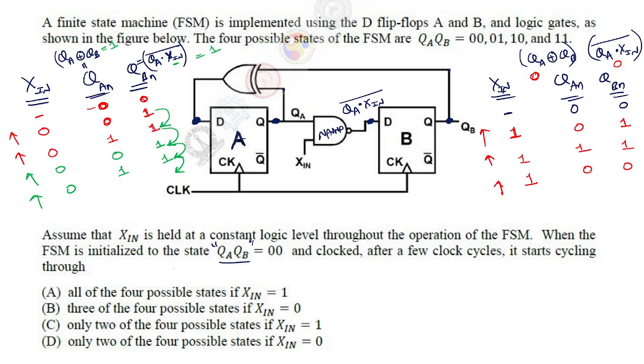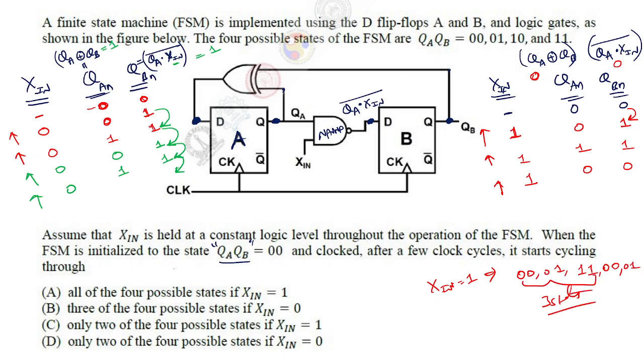Now 0, 0 means again you will get the same story. So when X in is 1, 0, 0, 0, 1, 1, 1, 0, 0 means 3 states are repeating when X in equal to 1.